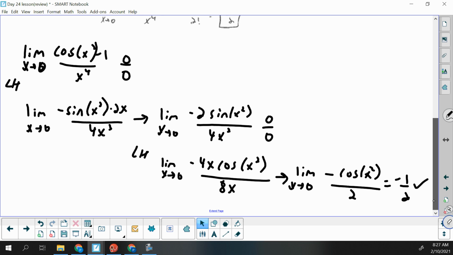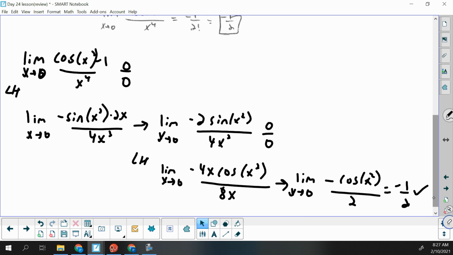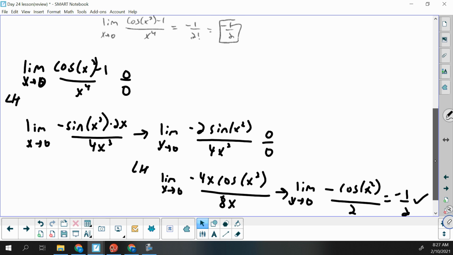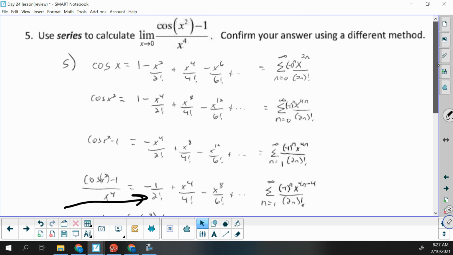And here's just an example of doing that same limit, but with L'Hopital's. So you get 0 over 0. You would do the derivative with the chain rule on top. The x's and the 2's wipe out to simplify it, but then you still have another 0 over 0, so you have to do L'Hopital's again. You can divide a 4x out of them, and then you would be able to do direct substitution to get negative 1/2.